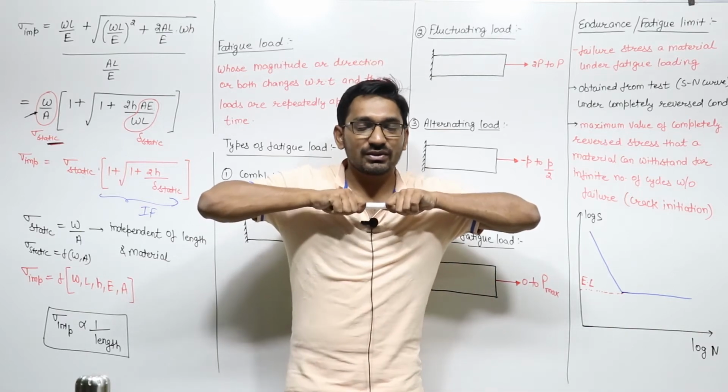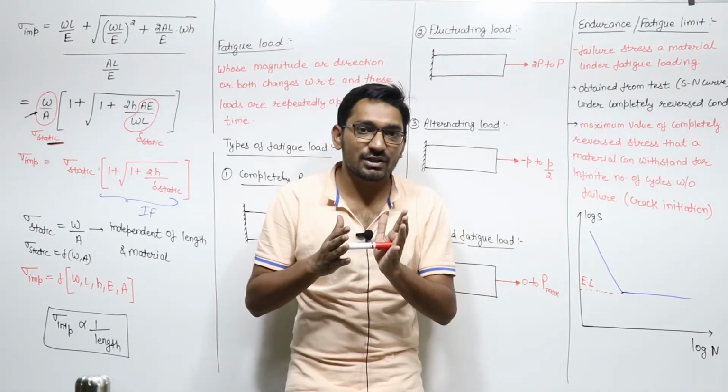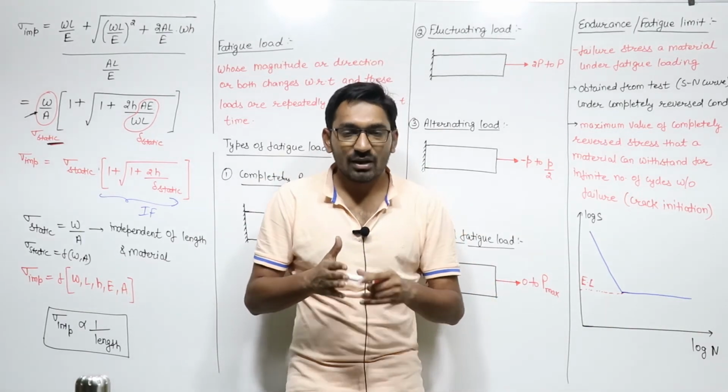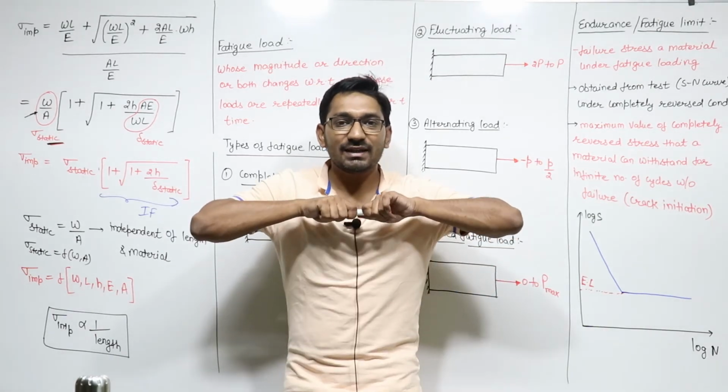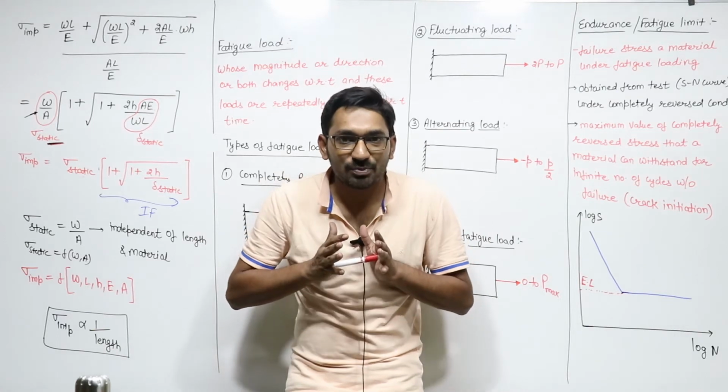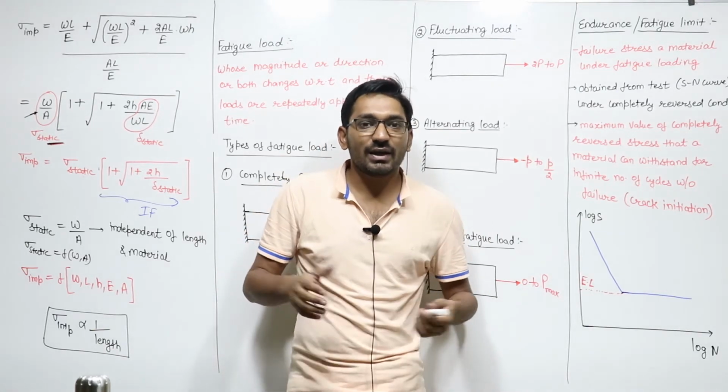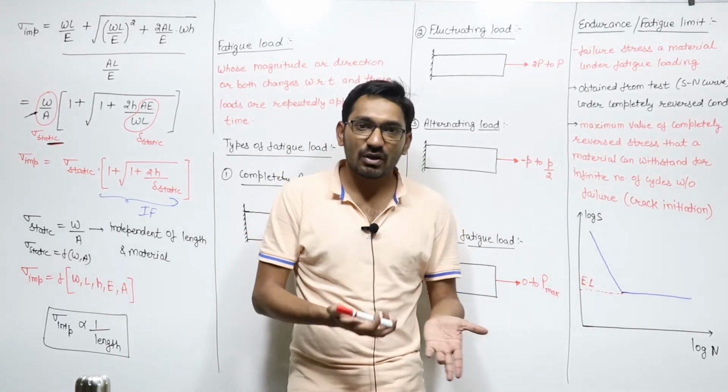Initially the force is tensile, then I change it to compression, so the direction changes. If I pull this body with 10 kilonewton and compress it with 8 kilonewton, then the magnitude is also changing.